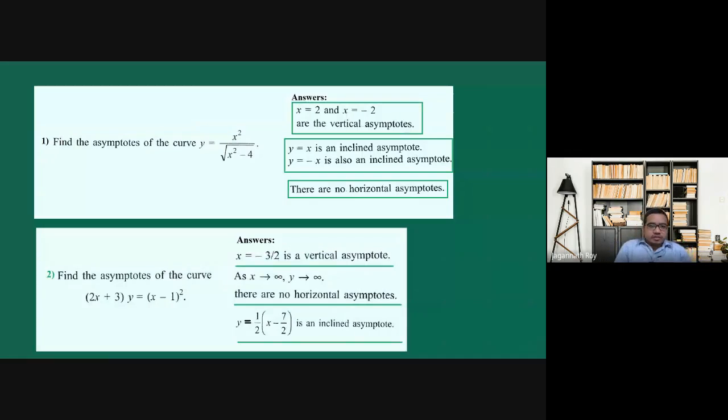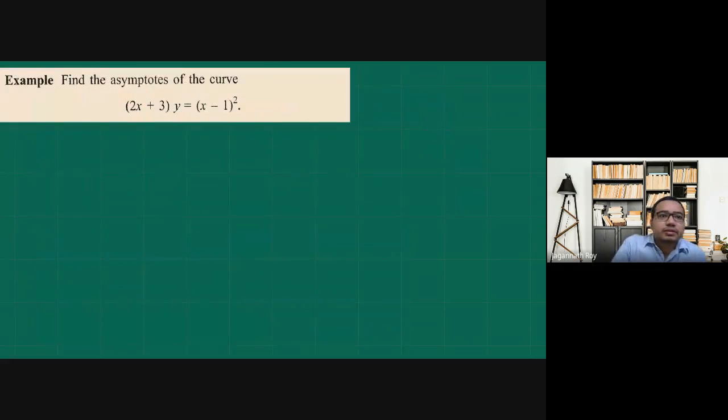Now we'll see 2 more examples. So let us take the second example. The given function is (2x plus 3) into y equals (x minus 1) whole square. What will we do? We'll write y equals (x minus 1) whole square by (2x plus 3).